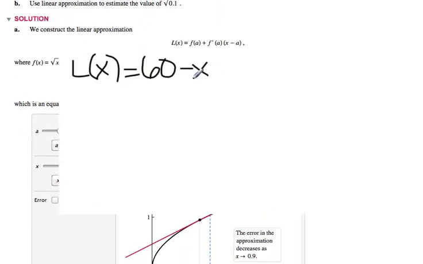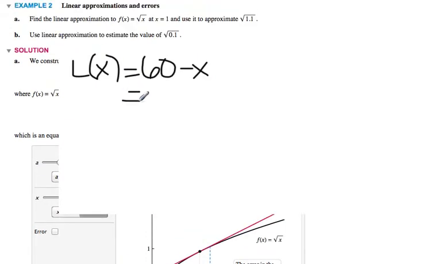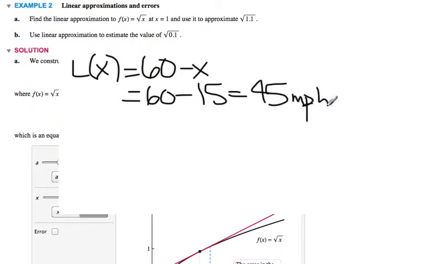Remember x here is the difference between 60 and the speed we're traveling. So in this case we have 60 minus the difference, which is 15. And 60 minus 15 is 45, so our linear approximation says that we're going approximately 45 miles per hour.